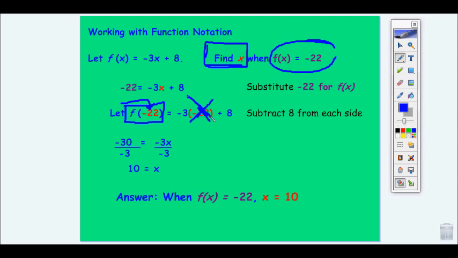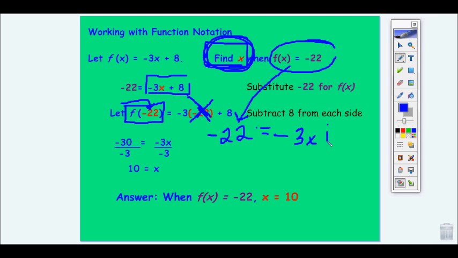I'm going to rewrite this one here because I've done some corrections. So the function, the results are negative 22. That's what this is telling me right here. We need to find x, it says. So I'm going to copy down negative 3 times x plus 8.